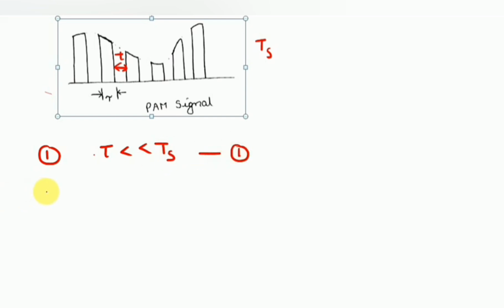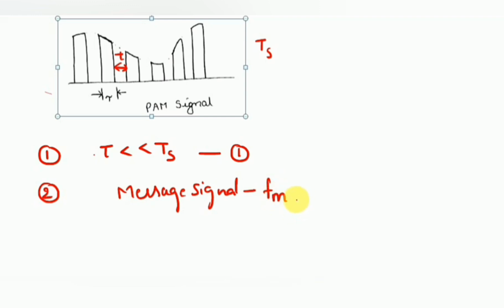And the second one: we know that the message signal has a maximum frequency. Let us assume that the message signal has a maximum frequency of Fm.